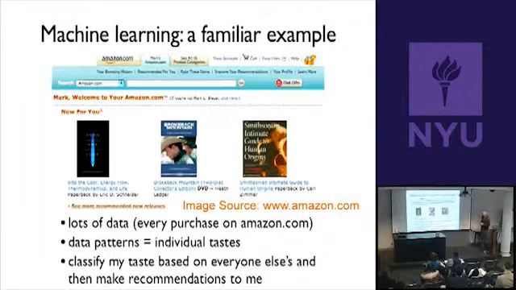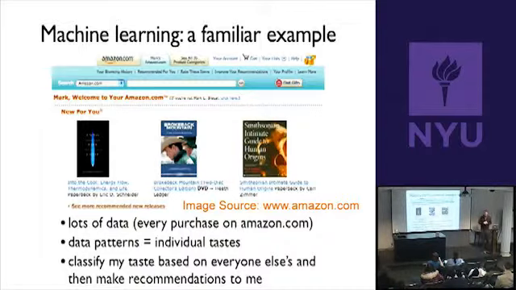They have lots of data. Basically, they have data on every single purchase that's ever been made on Amazon.com. And so we can think of that data as sort of dogs as customers and their DNA sequences as all of the purchases they've ever made. And so the idea is from those data for each user, you can get a pattern, what their tastes are, what they've tended to buy in the past.